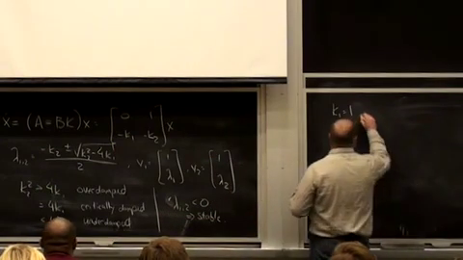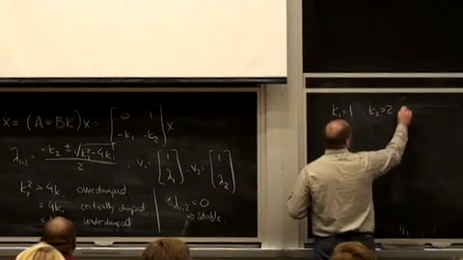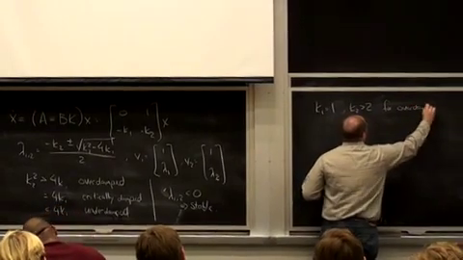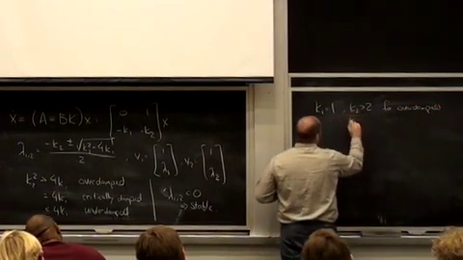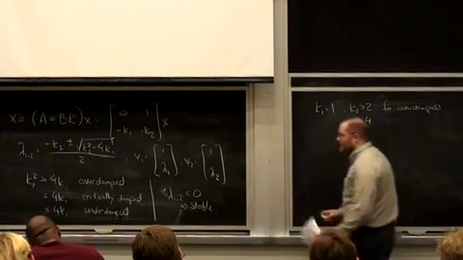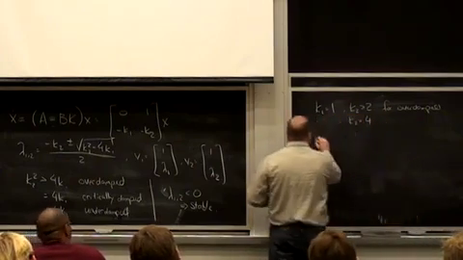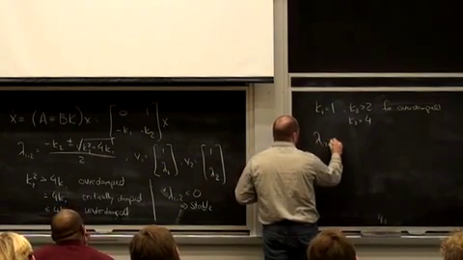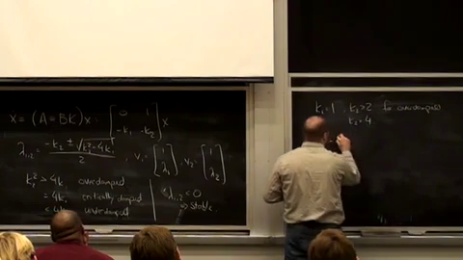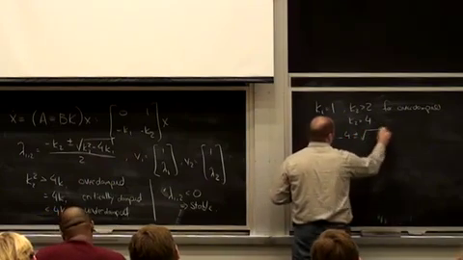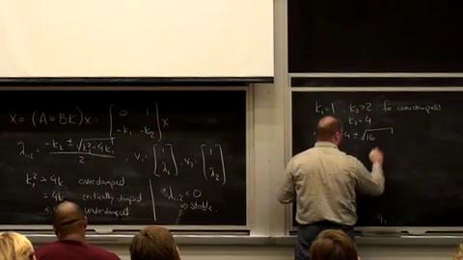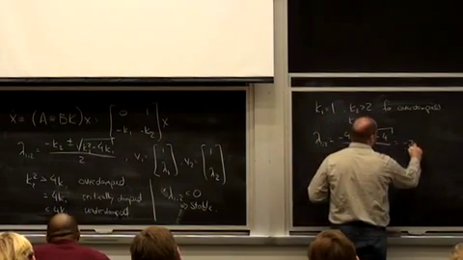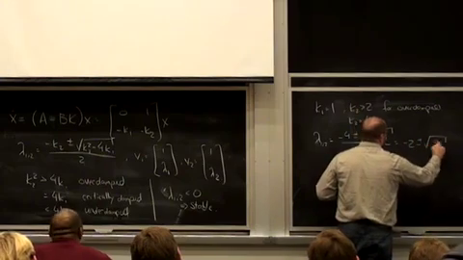So I'm going to choose K2 equals 4. If I do that, then my eigenvalues work out to be negative 4 plus or minus the square root of 16 minus 4, over 2, which is negative 2 plus or minus square root of 3.